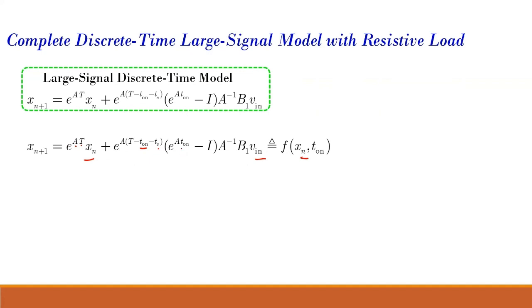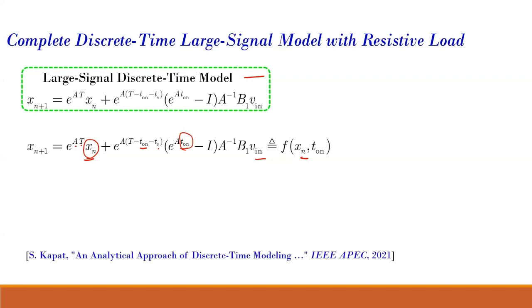So it is a function of t_on and a function of xn. Right? So this is known as my large signal discrete time model. These are the analytical discrete time models which are there.